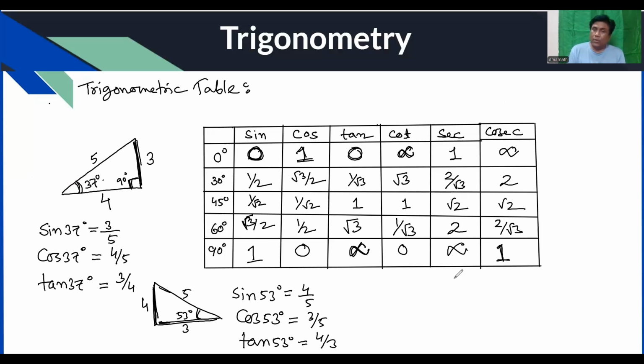Apart from that, 1 or 2 more angles we should require. Cos 120 degree is frequently used. It is minus 1 by 2. And cos 180 degree, these are some frequently used, that is minus 1. Sin 180 is 0 only.